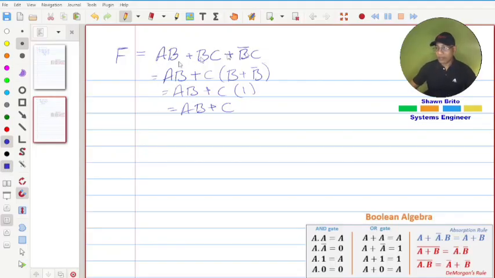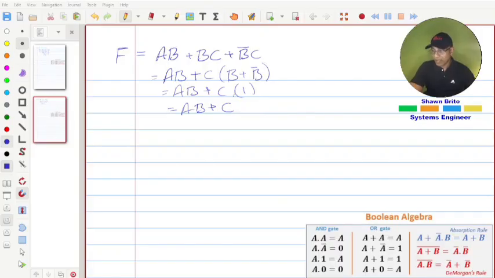Before we look at the next equation, in case you're wondering how I got B plus B bar equal to 1, we can see it from down here: A plus A bar is always equal to 1, so B plus B bar is still equal to 1. If we draw a logic gate for this, in Boolean algebra a plus means OR gate.